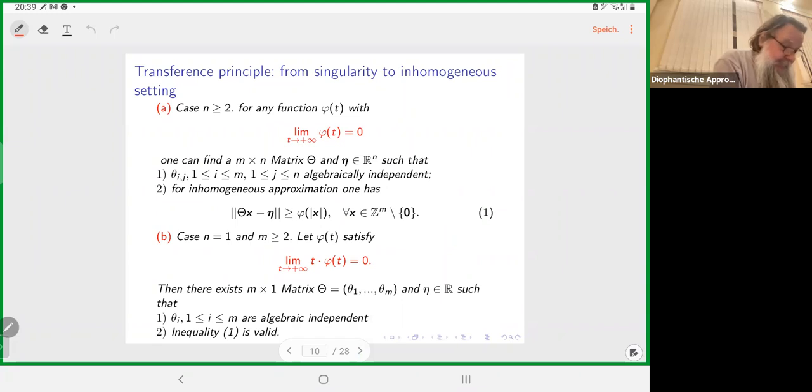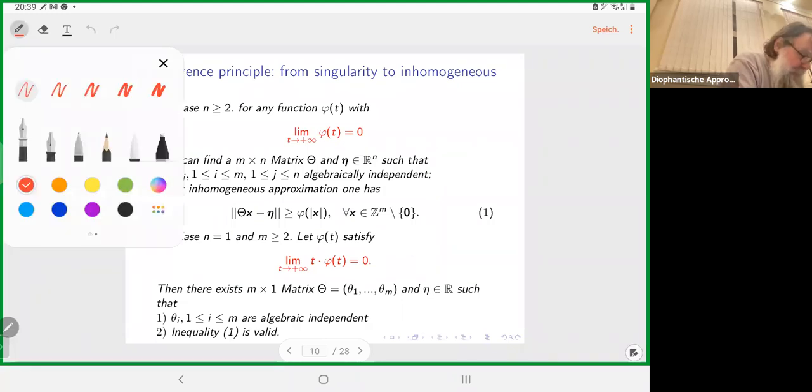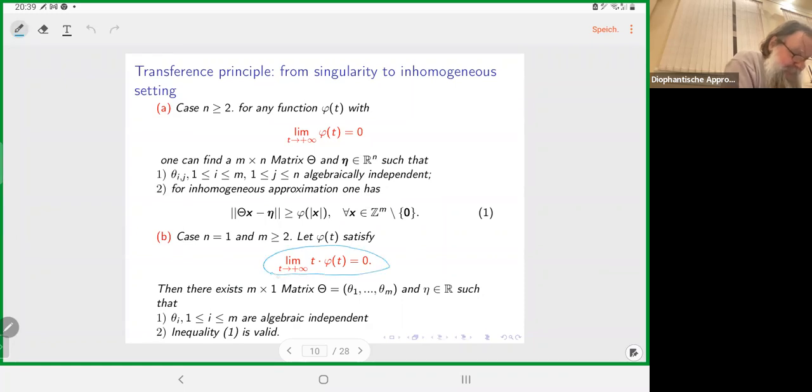But in the case when we have just one linear form, we have a different initial assumption, something like this.